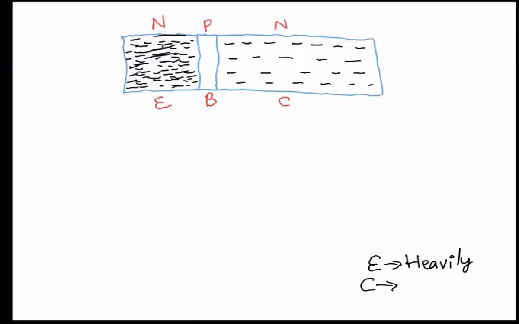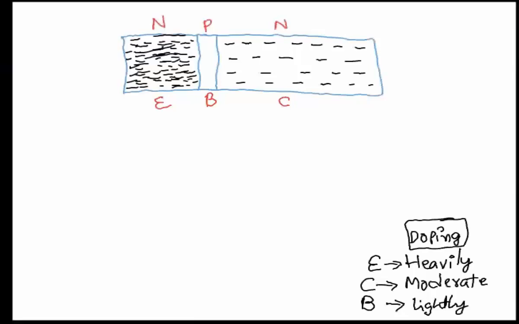For the collector, we say moderate. The base is lightly doped. And of course, there is a reason for all these three. The purpose of heavy doping is that the emitter is supposed to act as the source of electrons.